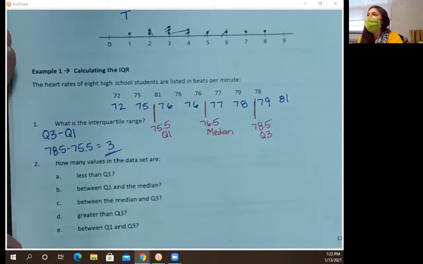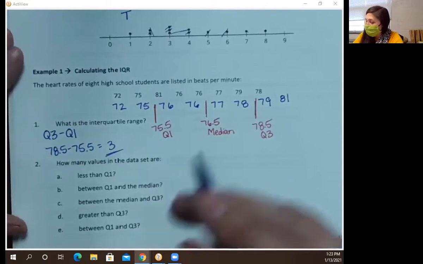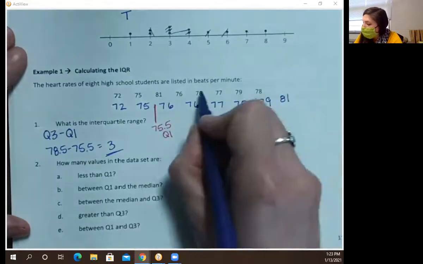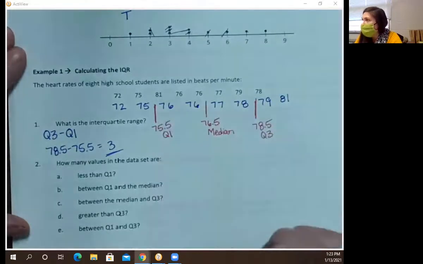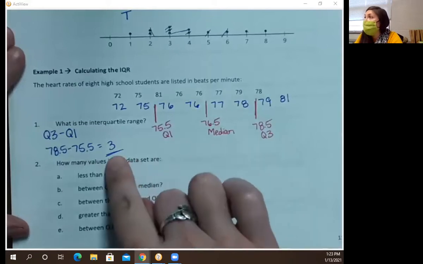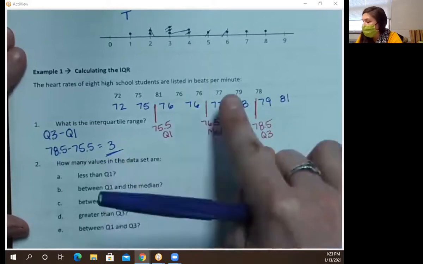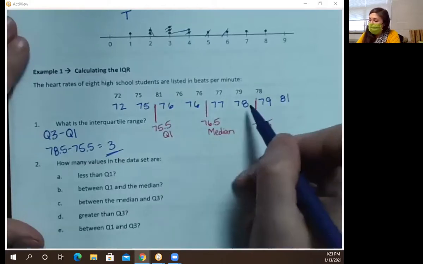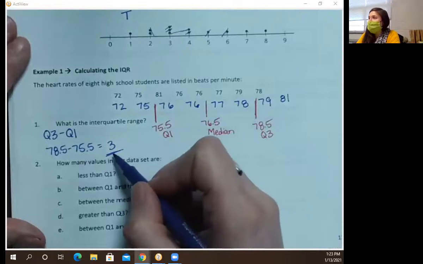The interquartile range is telling us for the middle 50% of our data, those values are at most 3 units apart. In this case, 3 beats per minute apart. So for that middle chunk of my data, the middle 50%, they're at most 3 apart.